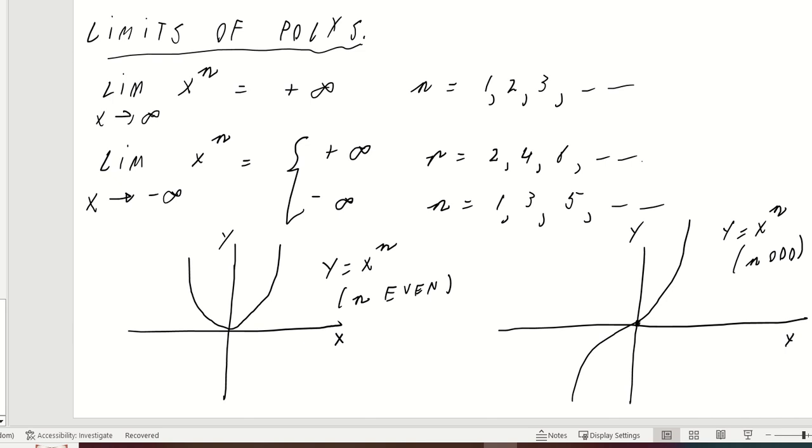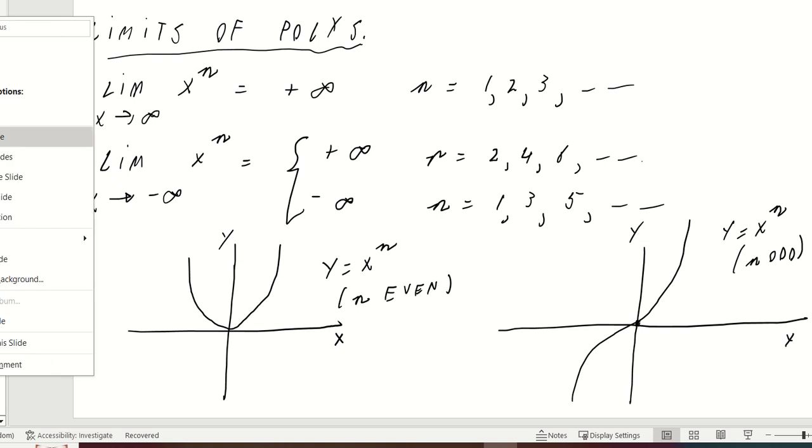You can see here that when x is tending to negative infinity, the y value is decreasing to negative infinity as well.